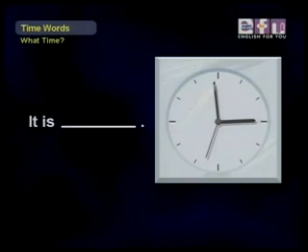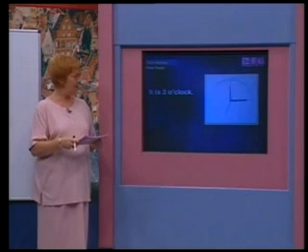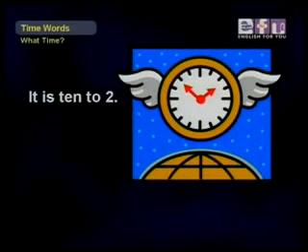Isabel, the next one for you. It is 3 o'clock. Yes, it's 3 o'clock. All right. Good. Now, Ali, for you. It is 10 to 2. It is 1:50. Yes, it is 10 to 2. It is 1:50.